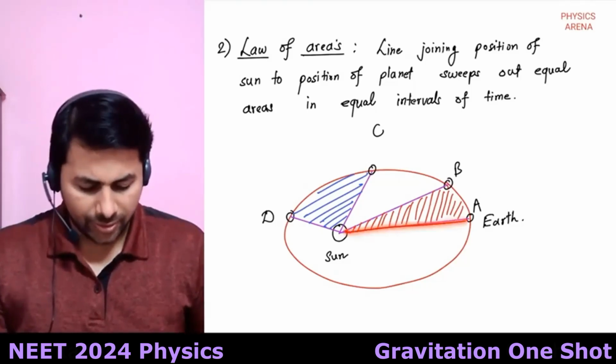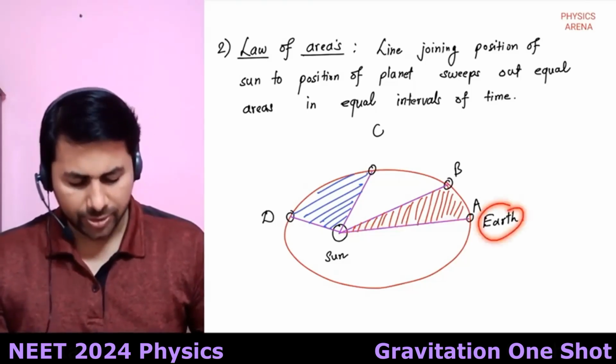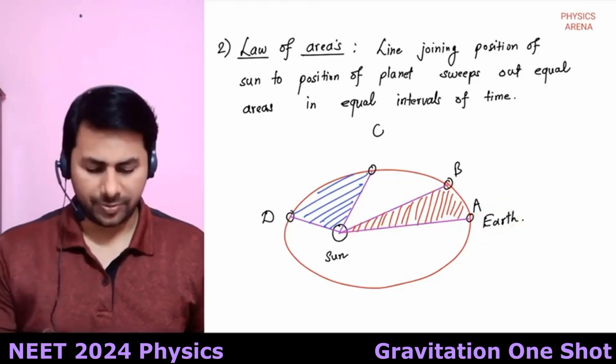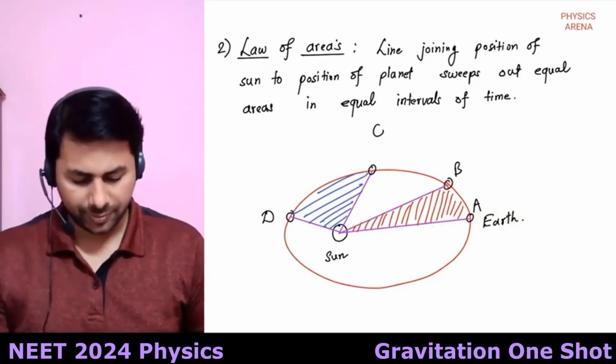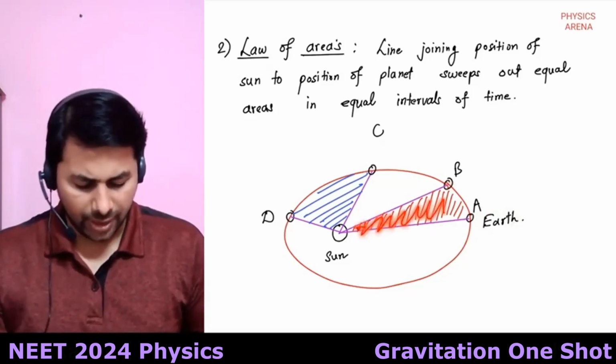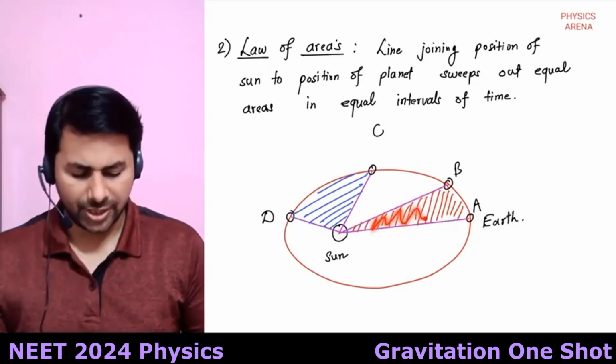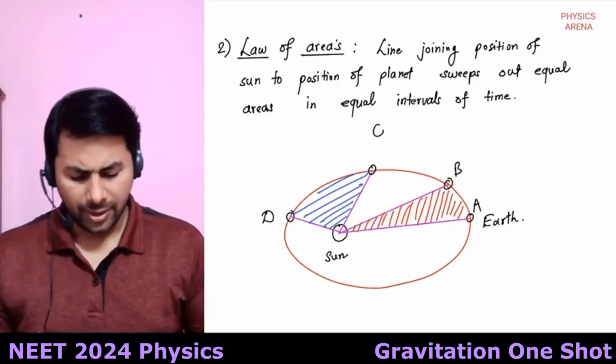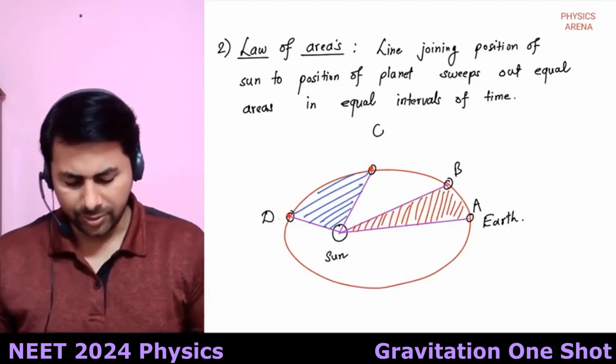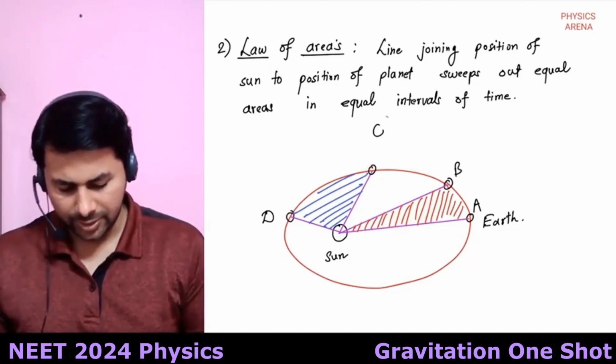Suppose Earth moves from position A to position B in some time t, and this line moves through this shaded area. Then suppose it moves from C to D.